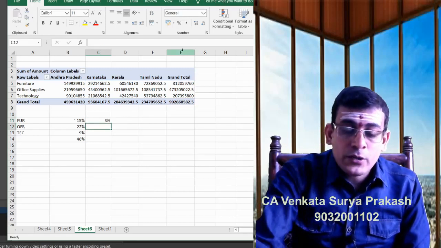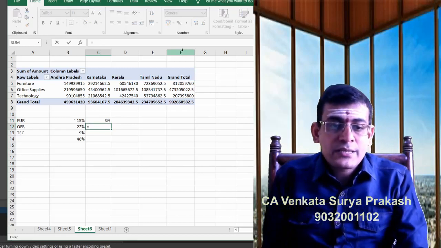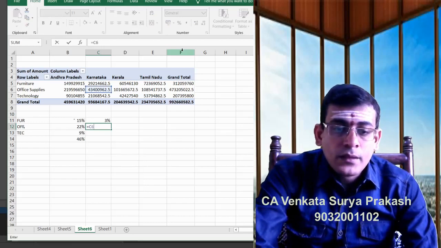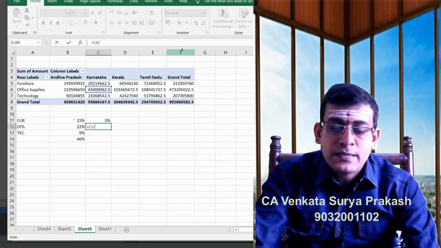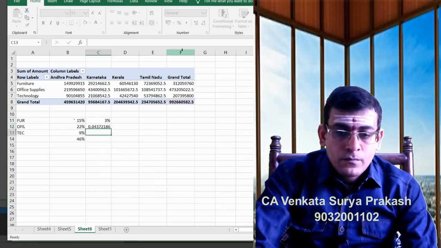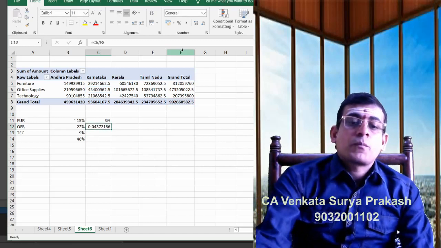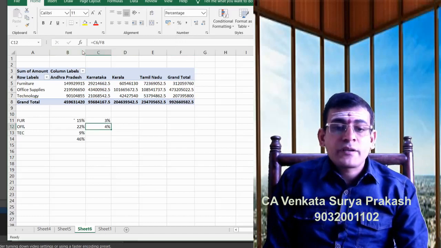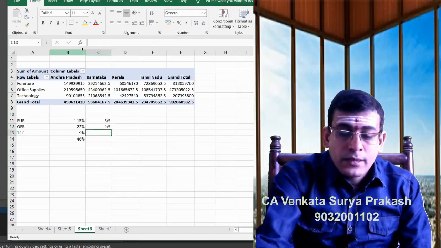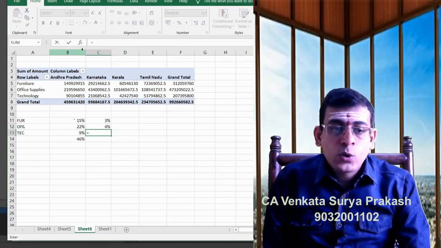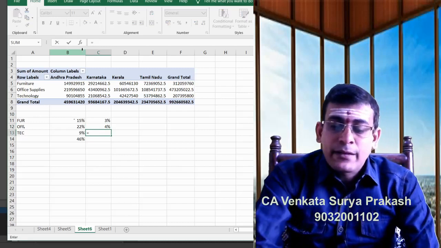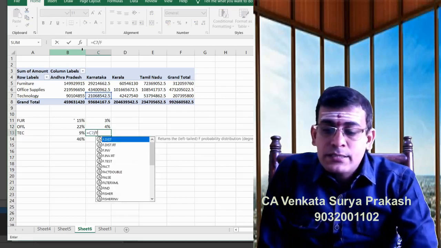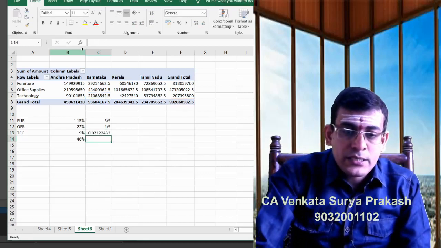Now if you look at other segments such as Karnataka office supplies, the percentage of office supplies is this 4%. So 4% is the revenue contributed from office supplies. Now technology wise, what is Karnataka giving me?